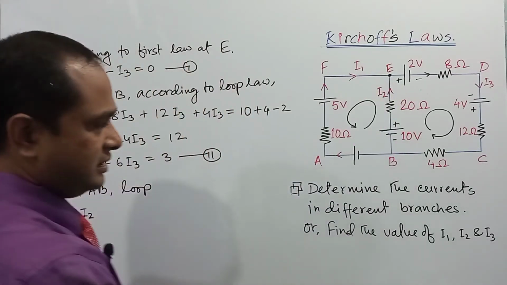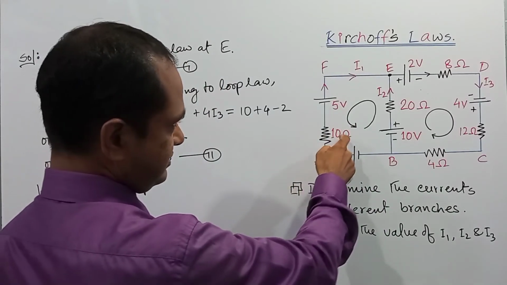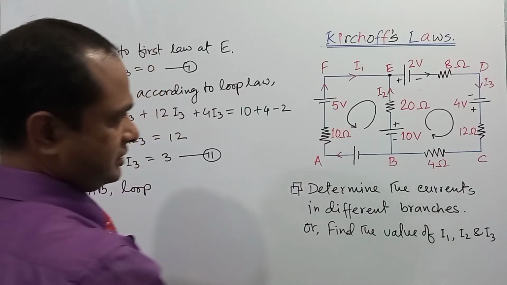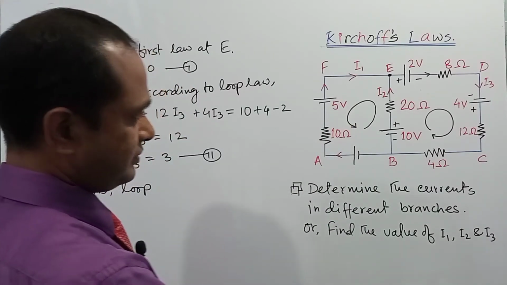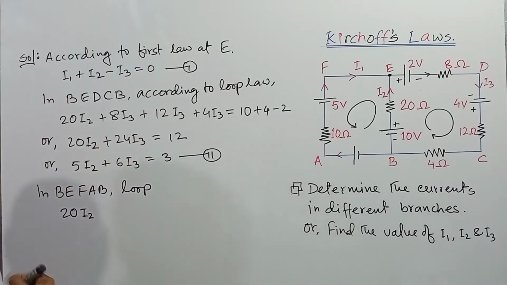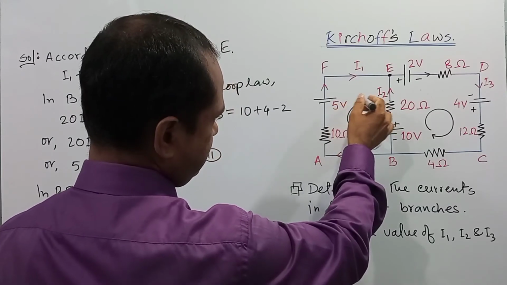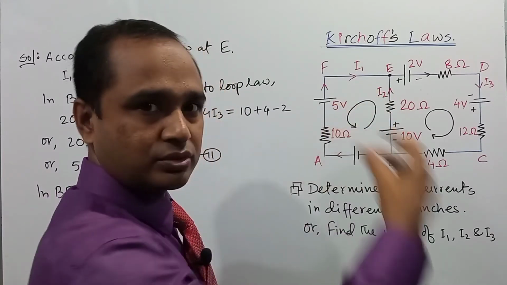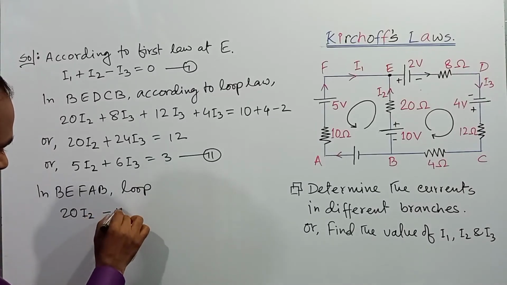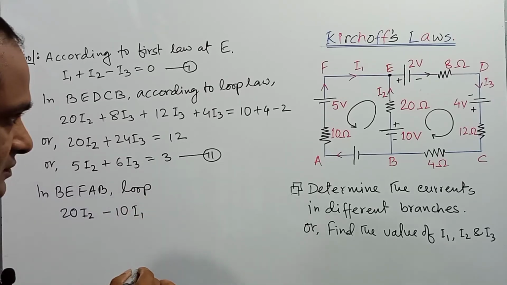In the branch EF there is no resistance, but in the FA branch there is a resistance, with current I1, which is also applicable for the branch AF. Here the current is in the clockwise direction, so opposite to the convention. So here it will be negative, that is minus 10 I1, right?